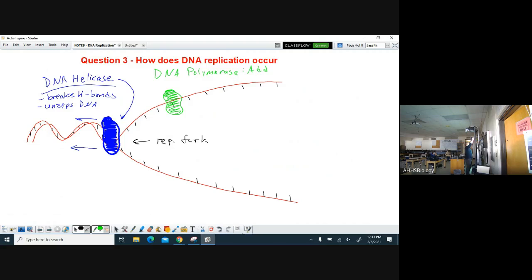It adds bases to single-strand DNA. So floating inside the nucleus, we have all these little A's, T's, G's, and C's.